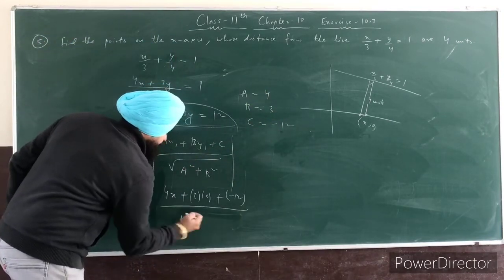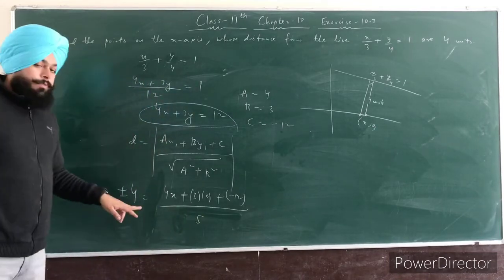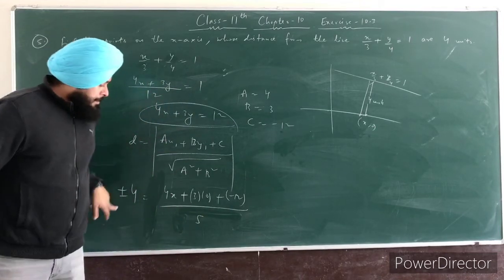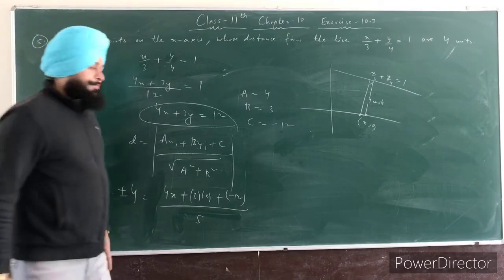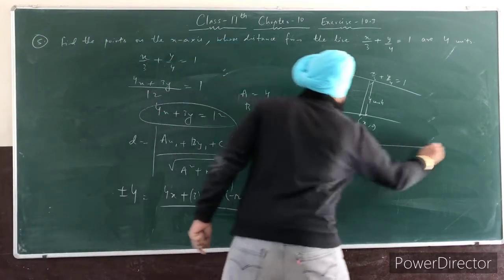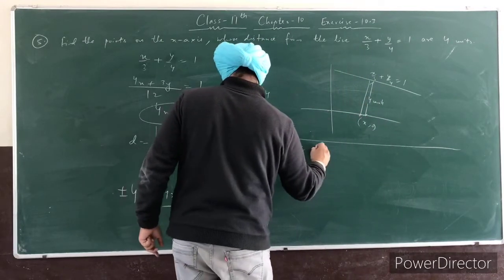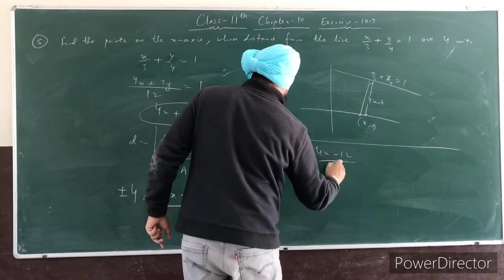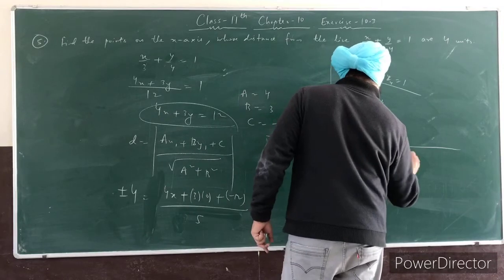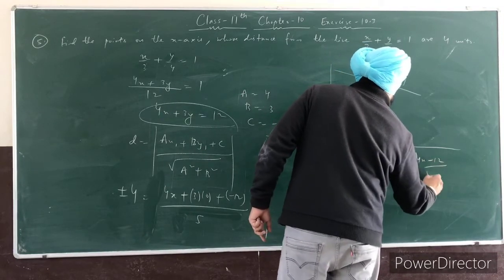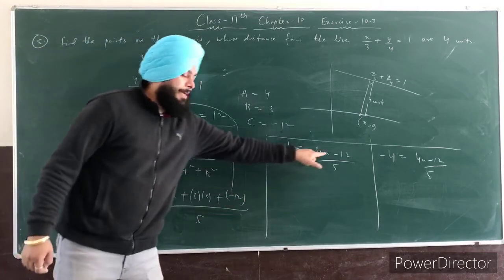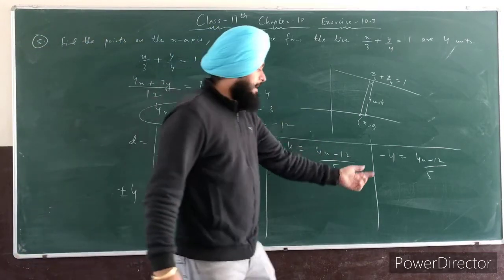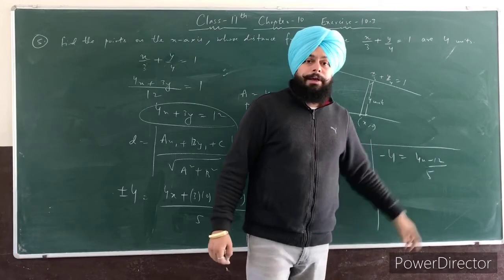So write here over 5. Now you have to solve this equation. Take one time plus 4 and another time -4. So plus 4 is equal to (4x - 12)/5, and the second time -4 is equal to (4x - 12)/5.